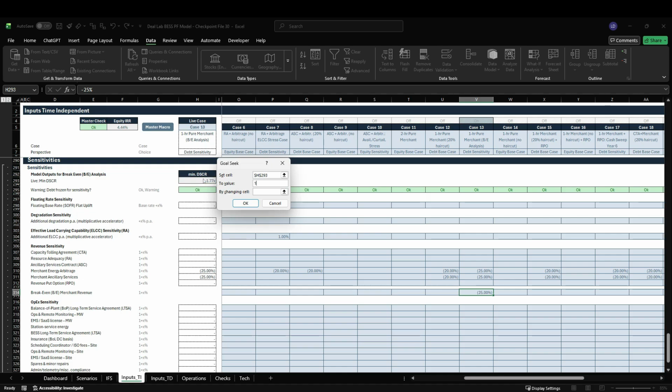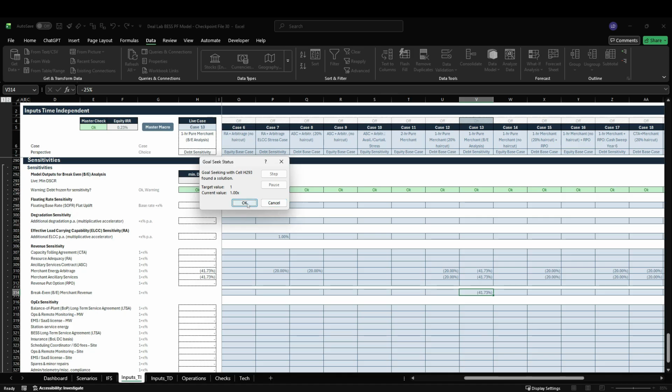So we want the minimum DSCR to be 1, which means that debt service is effectively covered by 100%, but not more and not less. And we want to achieve a minimum DSCR by changing our cell B314, which is the input for our merchant haircut. So click that arrow here, hit OK.